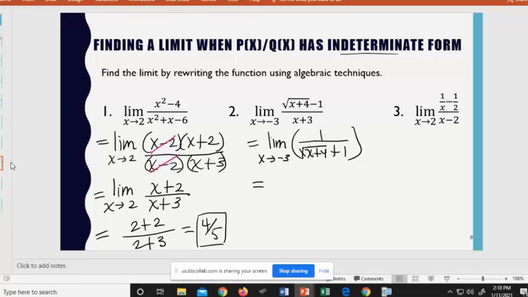And now we can use direct substitution. So that's 1 over the square root of negative 3 plus 4 plus 1. So 1 over the square root of 1, so 1 plus 1. So just 1/2 altogether.